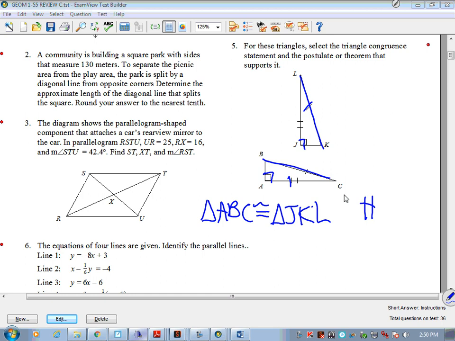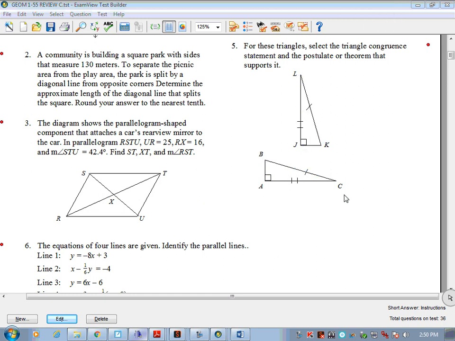And AC is a leg of that triangle, and so is JL. So what I have is the hypotenuse-leg congruency theorem. So that's what I want. Side-angle-side won't work there. Angle-side-angle won't work there. So make sure that you are identifying right triangles and using the congruency postulates that go with them, that don't necessarily go with any other type of triangle.